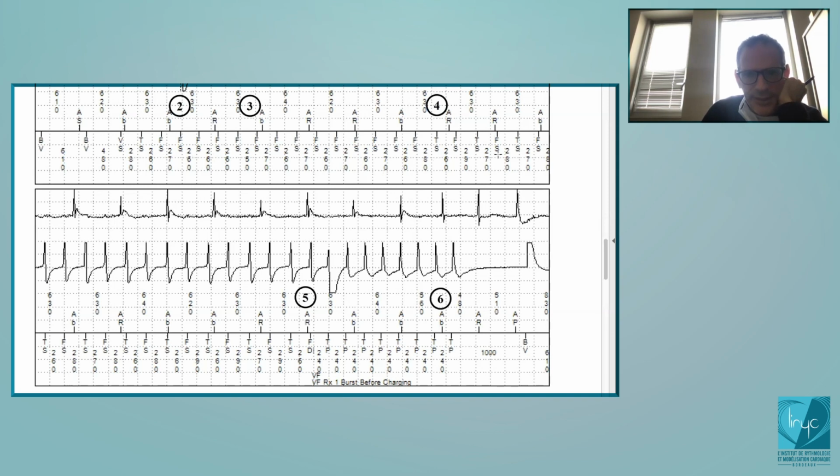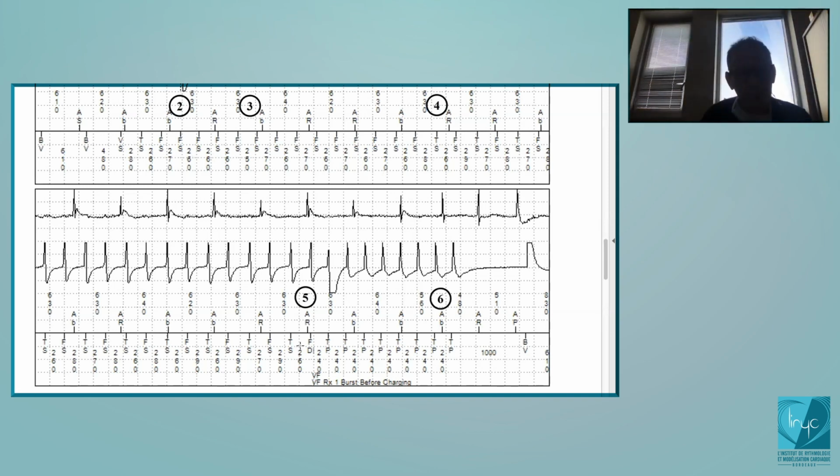And if there are 35 cycles classified as either VT or VF, so it's always more than the VF counter. If you program 30 out of 40 for the VF counter, then the combined counter will be 35. And then if there are 35 cycles, VF or VT, it will do exactly the same as for the fast VT. It will analyze the last 8 cycles.